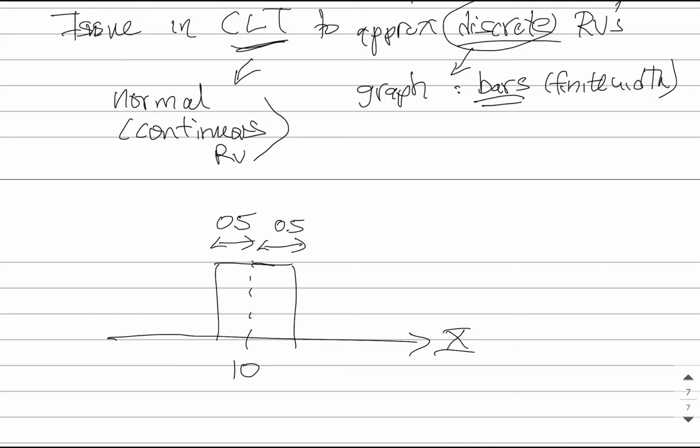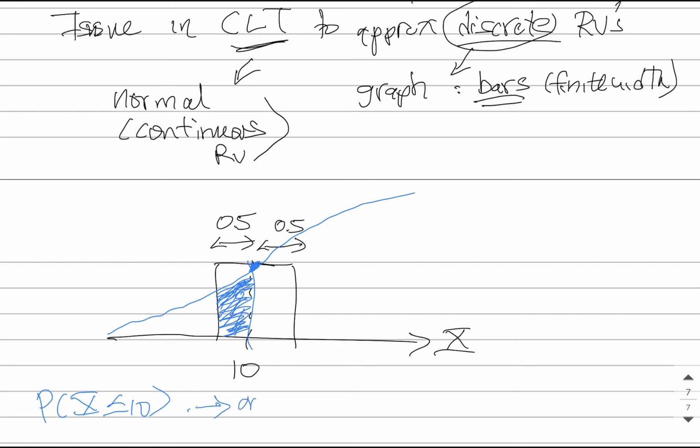So when we put a normal curve and we want it to go through this discrete approximation, if it goes through and we talk about the location of 10, and we talk about saying the probability that X is less than or equal to 10, if we stop it directly at 10, we are only taking half of this bar.